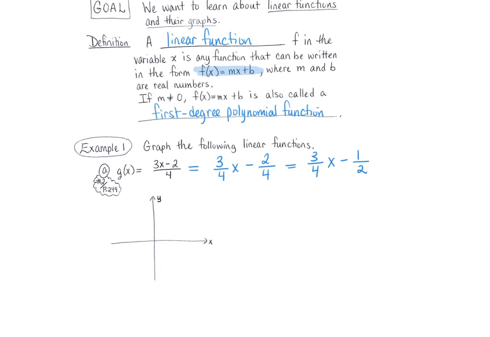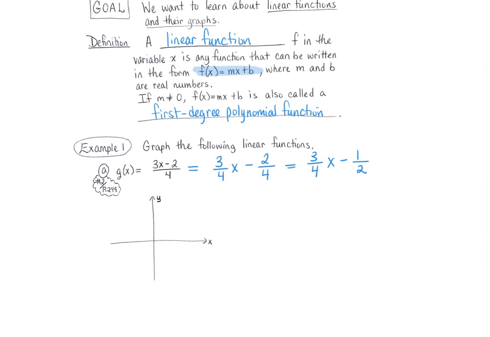So using what you know, what should we plot on our coordinate plane first? Your y-intercept, very good. In an ordered pair, if we're plotting our y-intercept, we know x is 0.